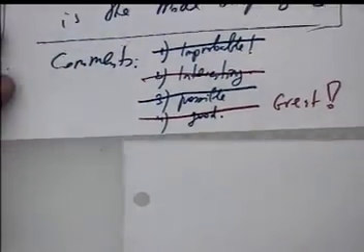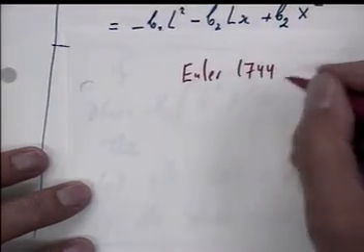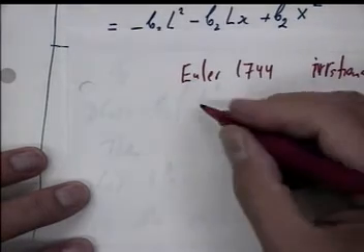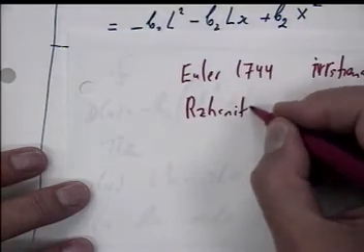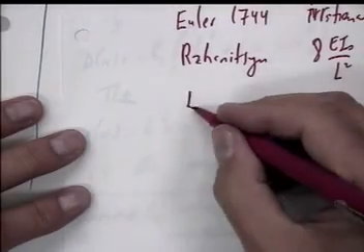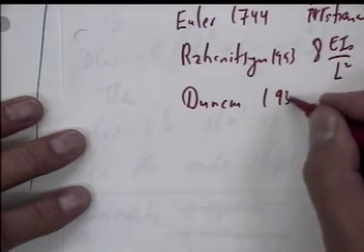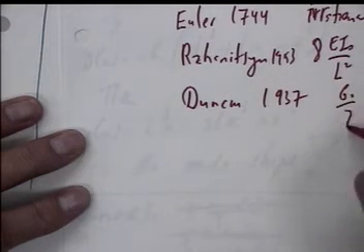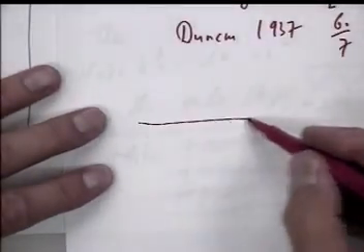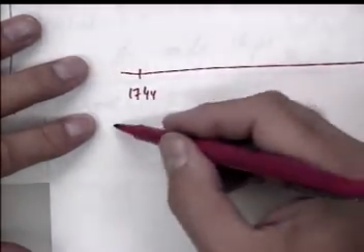Because, look please, I told you that Euler in 1744 gave an irrational number, yes? Then Zhanitsyn gave 80 EI0 over L squared. Then Duncan in 1937 gave 60 over 7 EI0 over L squared. Look, please, 1744, but it is irrational.